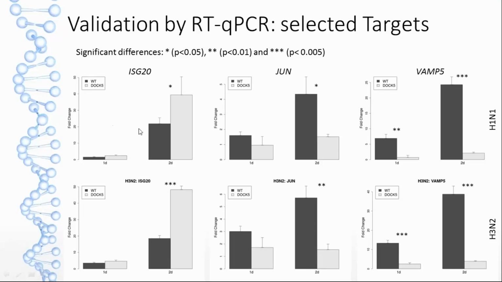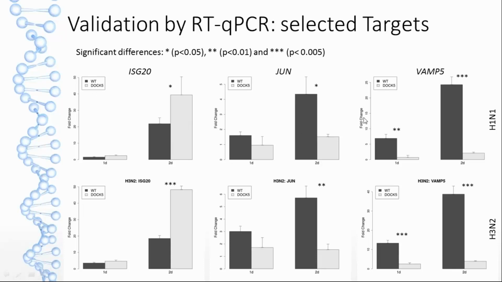And again, remember from the RNA-seq data, ISG20 is active in the wild type, but much more active in the DOC5 knockout, so apparently DOC5 suppresses the expression of ISG20.